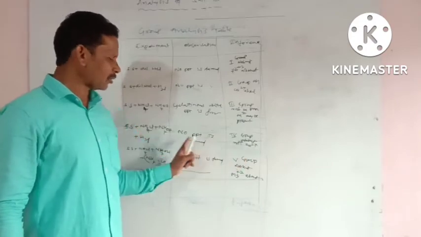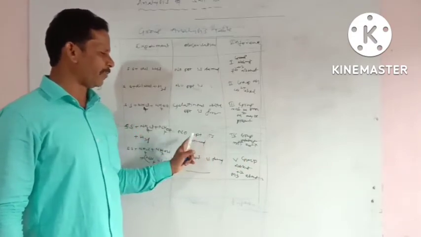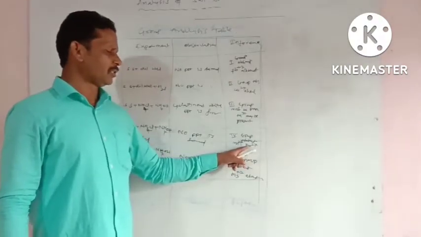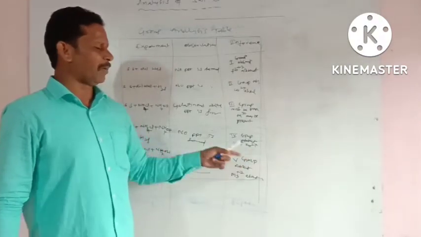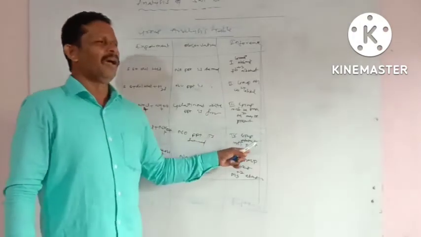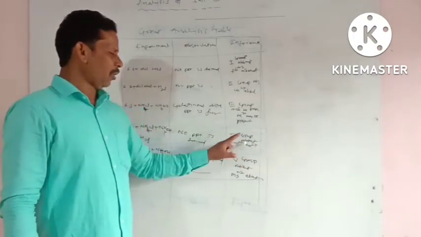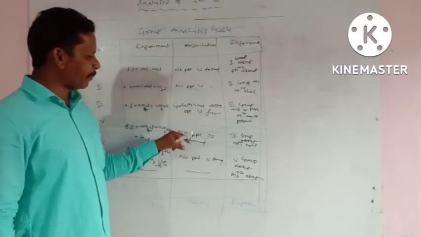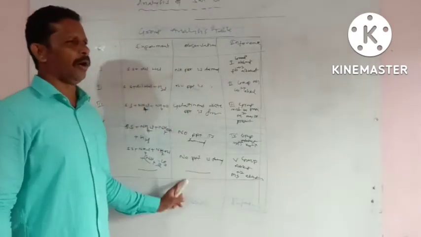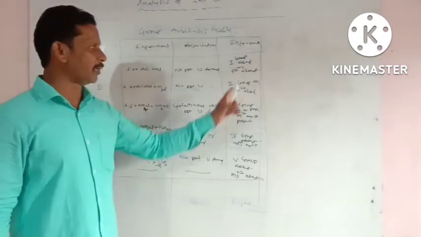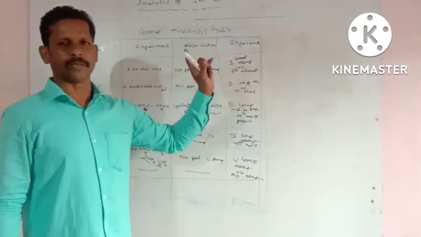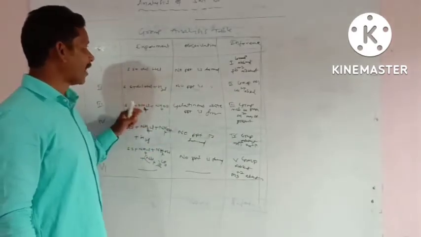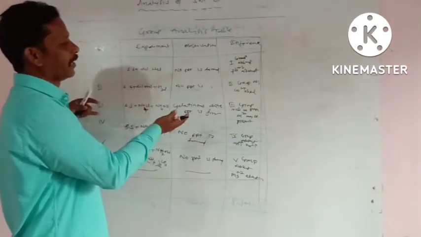If an ash color or white color PPT is formed in the fourth group, you write here zinc 2+ may be present. Suppose you get a black color PPT, nickel may be present. Like that, in only one group you will get a PPT; for the other groups you have to write no PPT is formed and absent, like that only. But don't cut the group analysis table until we get the cation.